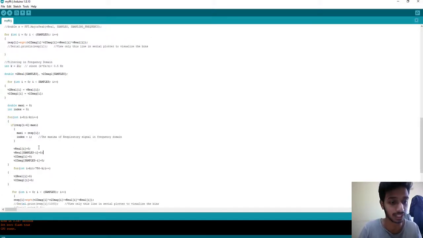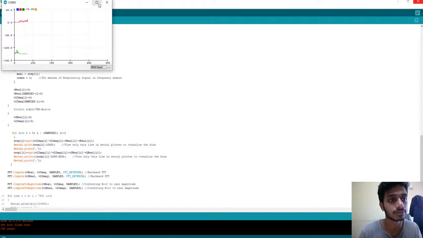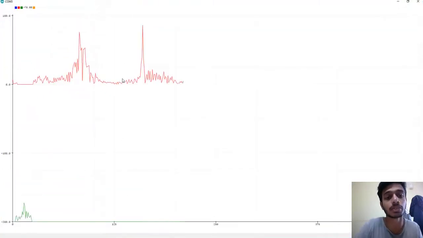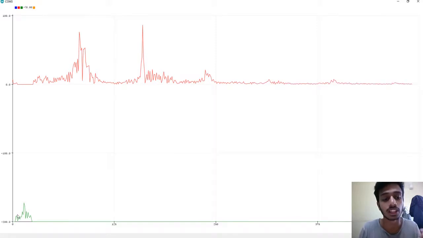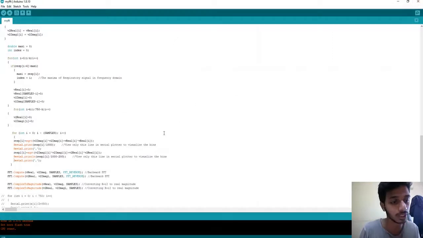That is what has been done here. So let us plot these things and see how they are. Upper one is the magnitude spectrum of the clean PPG signal, and lower one is the magnitude spectrum of only the respiratory signal. So moving on.